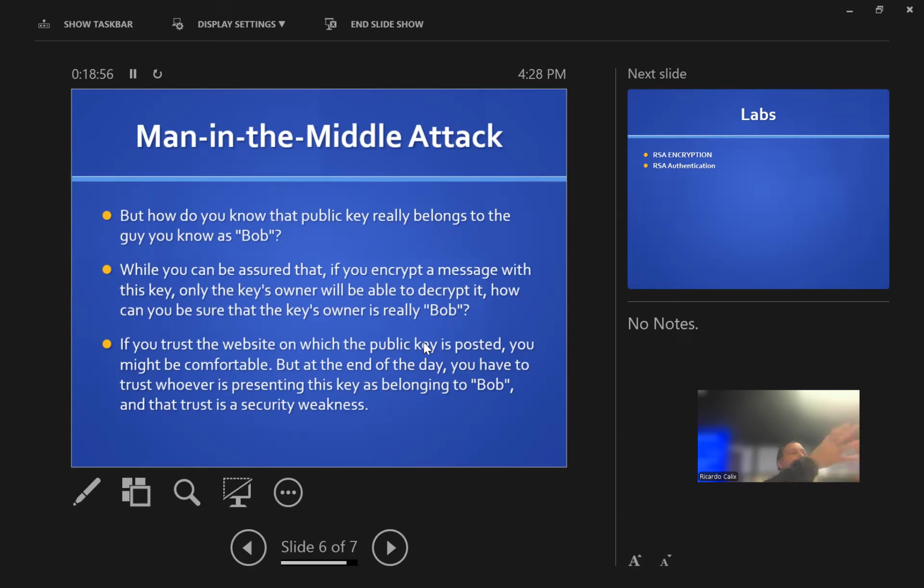Their public key is already in the browser. So whenever you do the whole transaction, you get that key that says this is from Amazon. And by the way, it was signed with the private key of VeriSign. So now the browser does what? Checks, right? It decrypts with the public key. It checks the integrity and that's how it works. Does that make sense, guys?